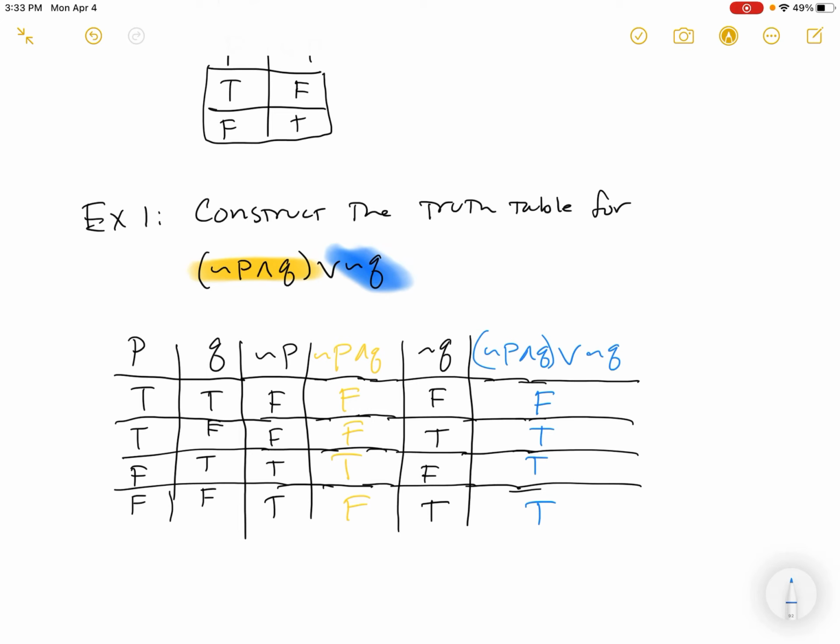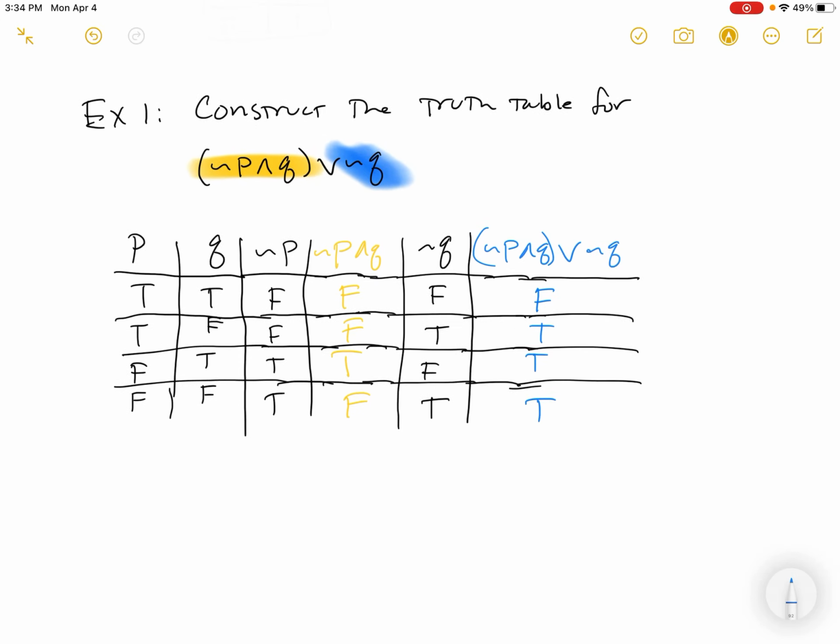If I have something really complex and the two things are true, then the not P and Q or not Q would be false. If they're both false, it's going to be true. If one of them is false, then it's going to be true. And I can understand a little bit more about the logic that's involved there.